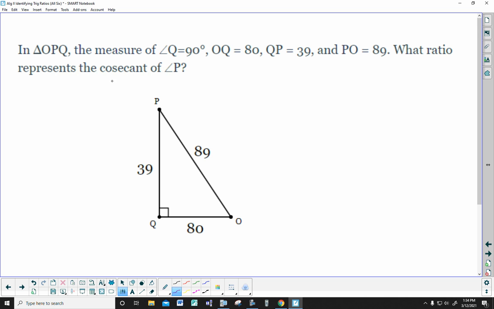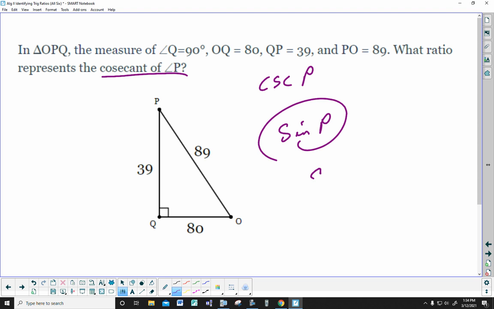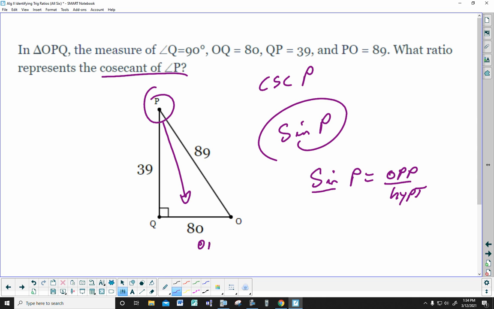They give you all this information, blah, blah, blah. Find me cosecant of p. So they want cosecant of p. Cosecant is related to sine. So I first find sine of p. Sine of p is going to be your opposite side over your hypotenuse, because it's sine. So I'm going to stand on p. This side is your opposite.